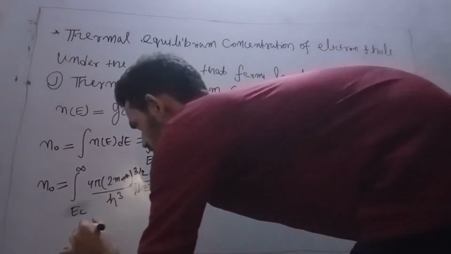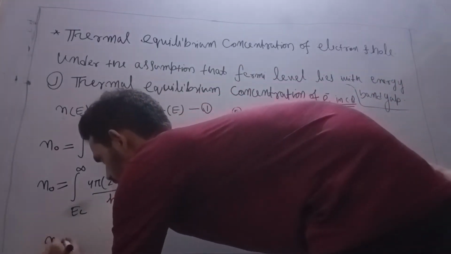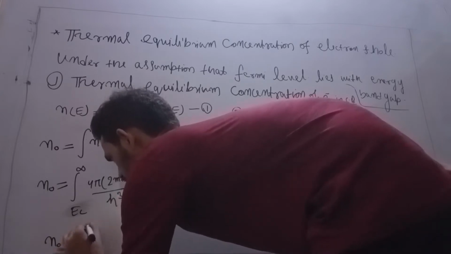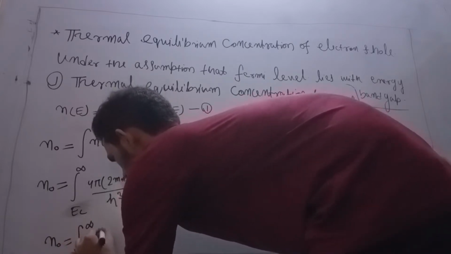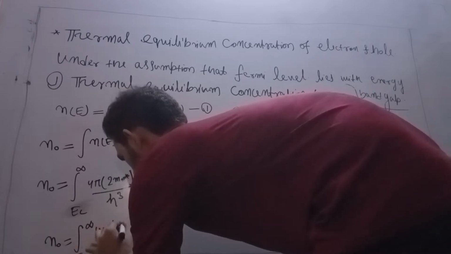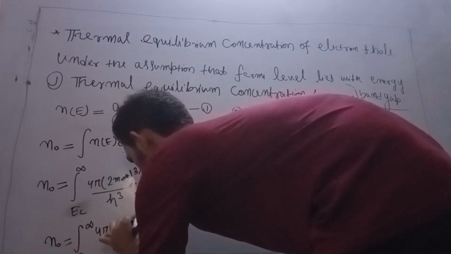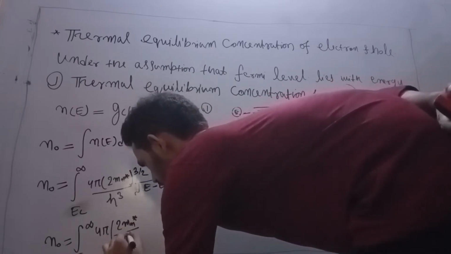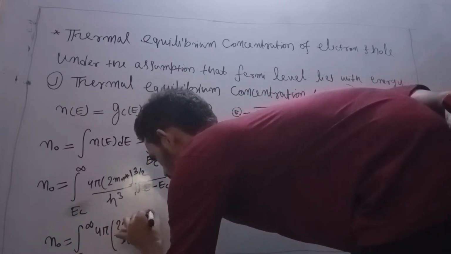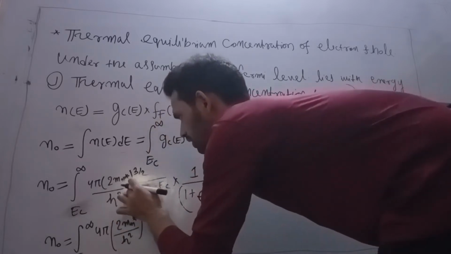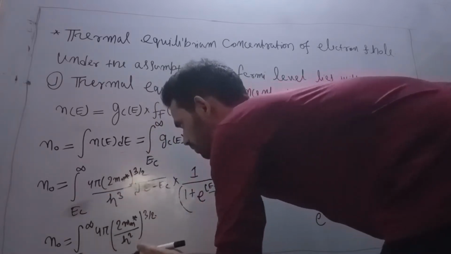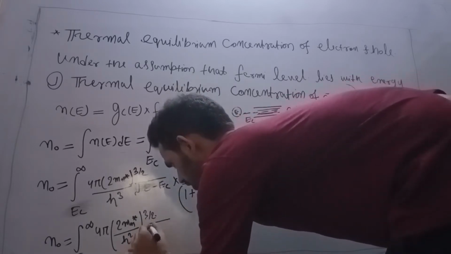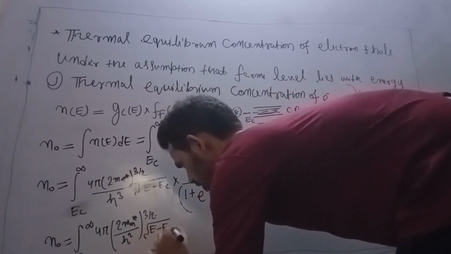Then what is the condition? Now n naught is equal to the integral from EC to infinity of 4 pi into (2 mn star divided by h square) to the power 3 by 2, where I have put h square inside. Here is my E minus EC.